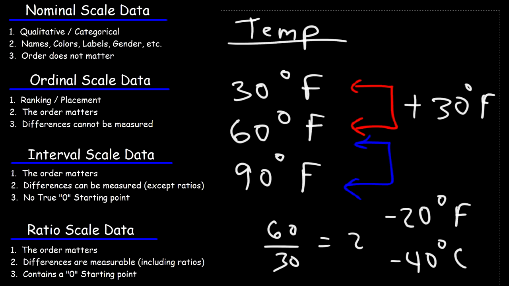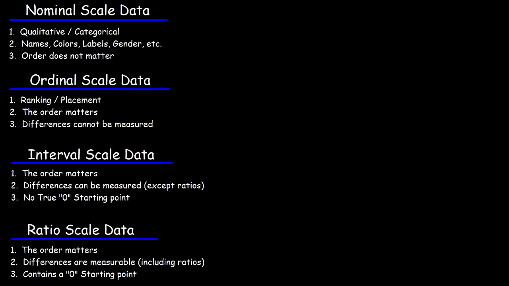Now let's talk about the last one, the ratio scale data. So for this one, the order matters as well. Differences are measurable, including ratios, and it does contain a true zero starting point. So let's use grades. Let's say the grades that you'll get on a typical statistics exam.